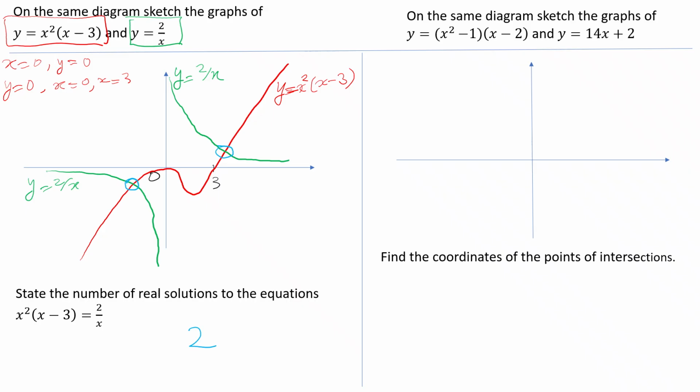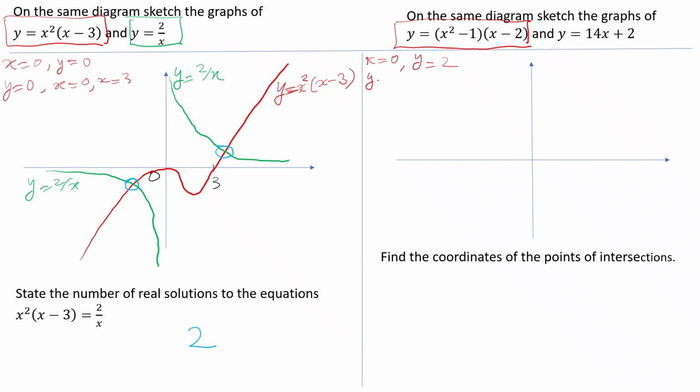So first I'm going to draw the cubic graph. When x equals 0, y equals minus 1 times minus 2, positive 2.